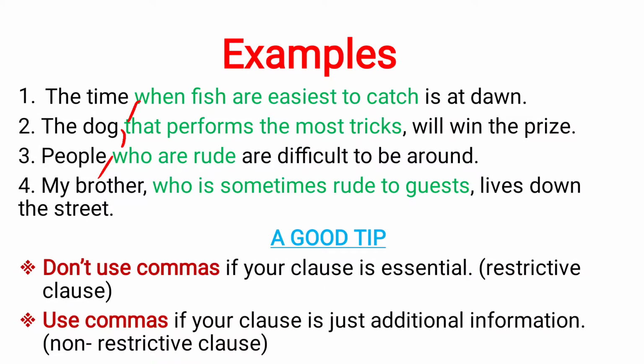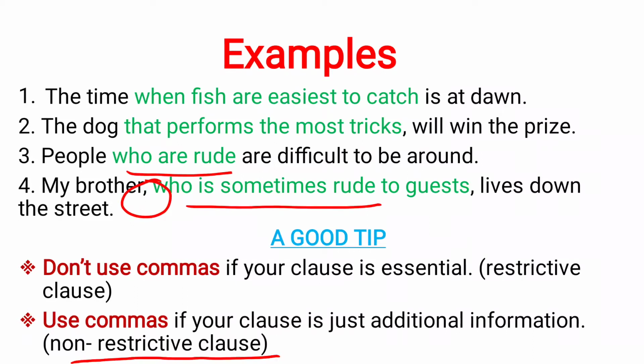So here, what you need to do is check whether your clause is restrictive or non-restrictive. If your clause is restrictive, then don't use commas. And if your clause is non-restrictive, use commas. As you can see in the example, this is a non-restrictive clause and that is why we have used commas. This is a restrictive clause, so we do not use commas here.